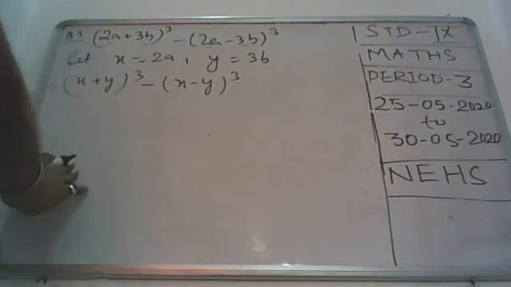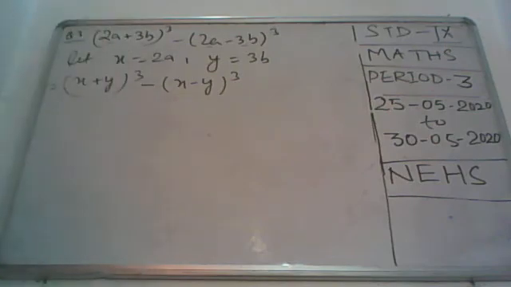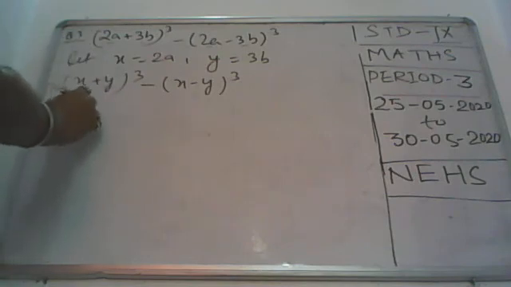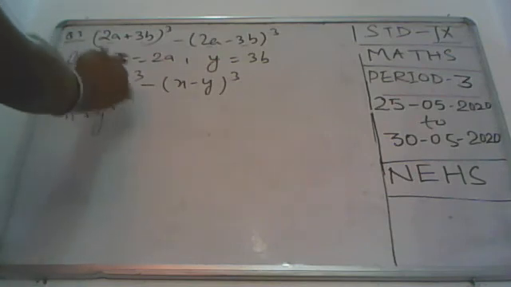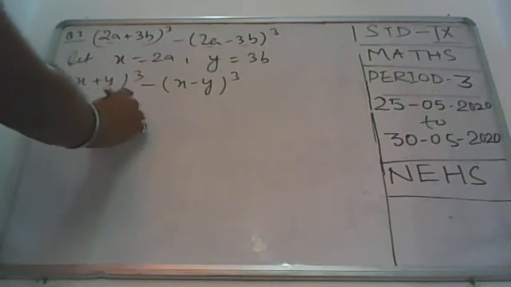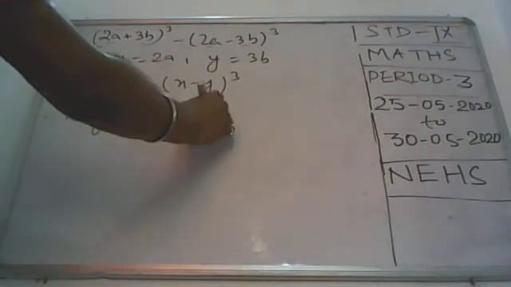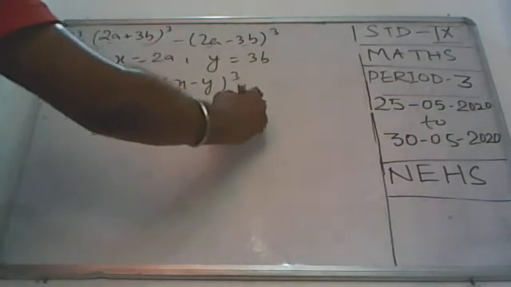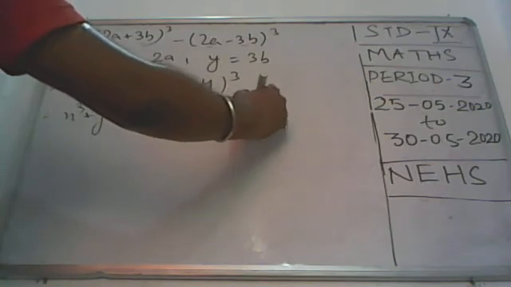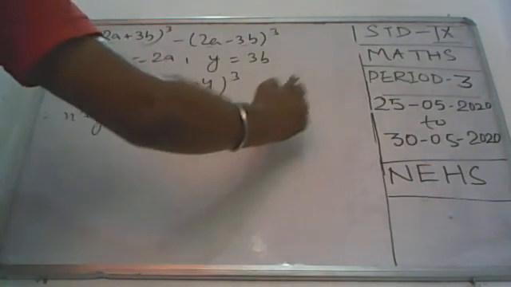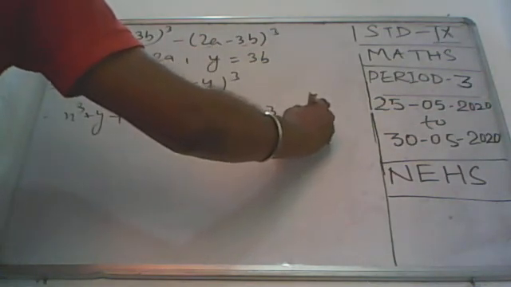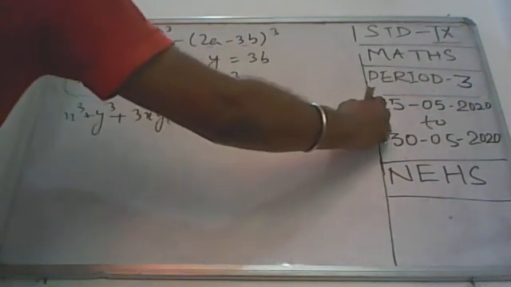Or one more thing we can do: use the formula for a plus b whole cube separately, which I have already taught you. So x plus y whole cube is x cube plus y cube plus 3xy into x plus y, minus x minus y whole cube, which is x cube minus y cube minus 3xy into x minus y.